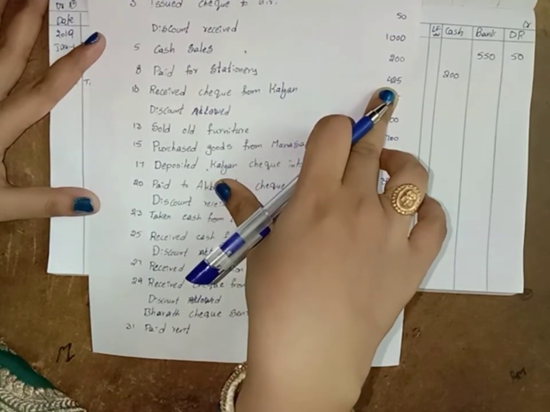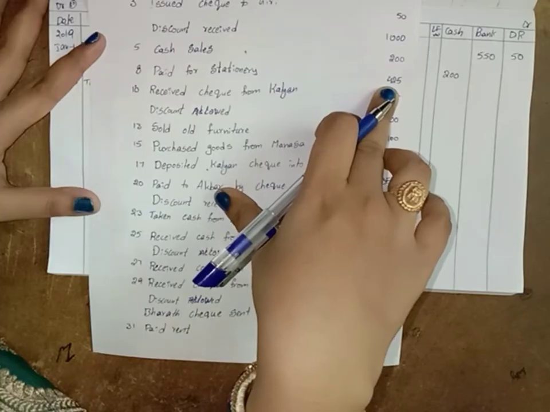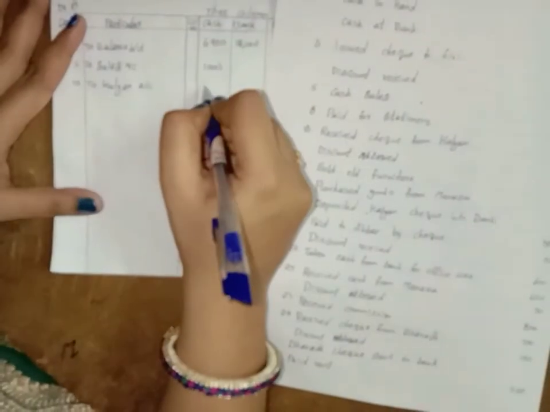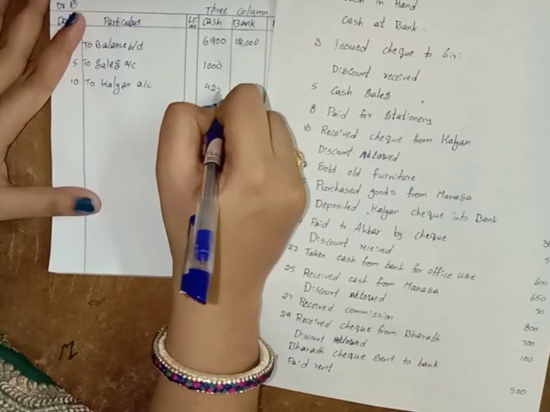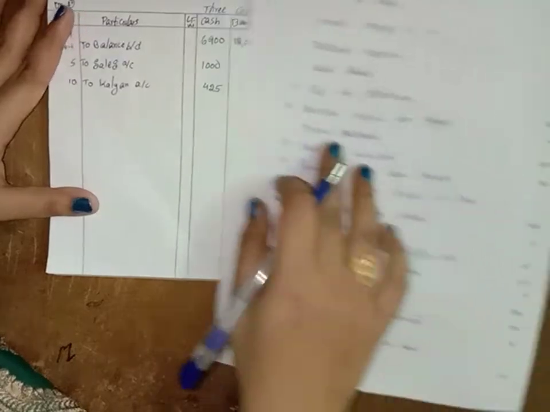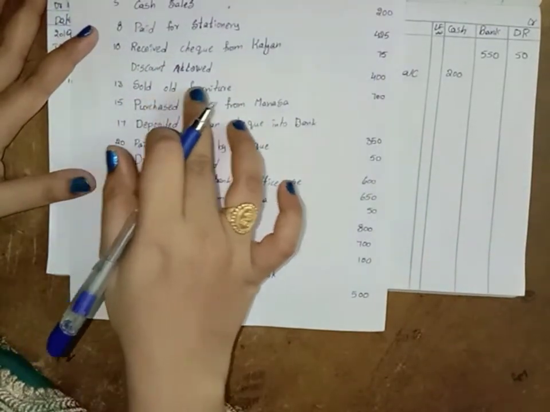So up to that, this will be in the cash column only. And discount 75.